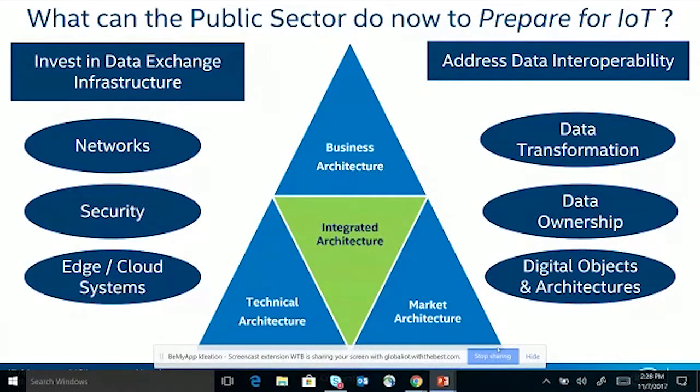The other piece is the data interoperability side. So all this different data comes out of different sets of systems. So you've got Internet of Things collecting information. You have existing systems that are funneling information across environments.